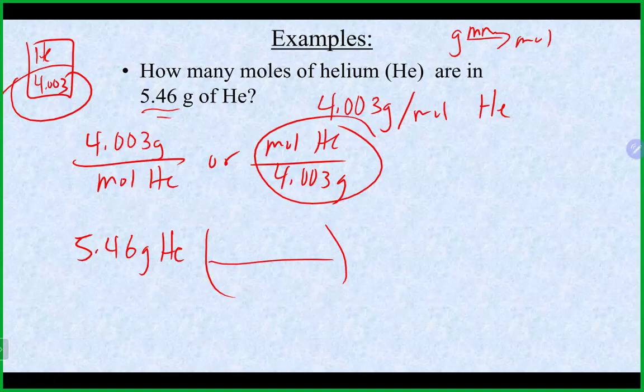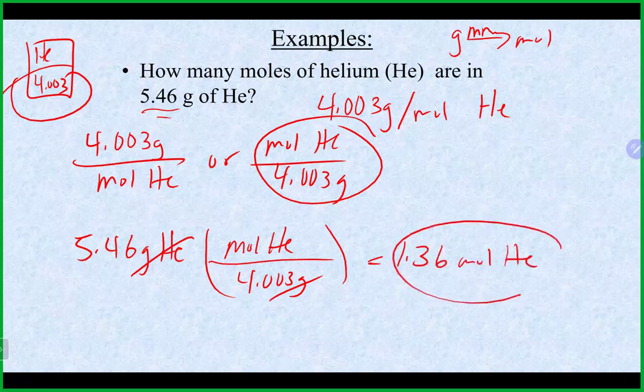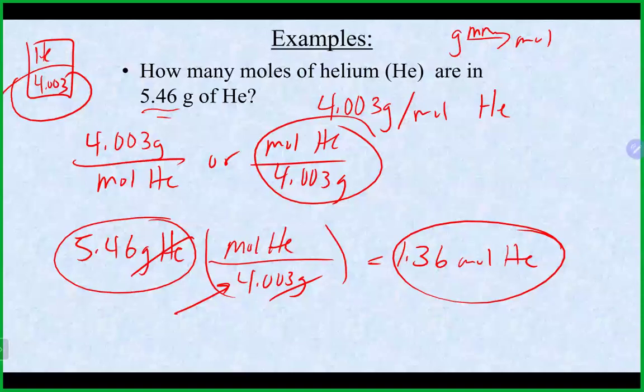That should leave us moles of helium when it's all said and done. 4.003 grams. Once again, the grams will cancel, and that will get us 5.46 divided by 4.003, about 1.36 moles of helium. Significant figure-wise, we look at the original number, which has 3, and we would end up with 3 in this case.